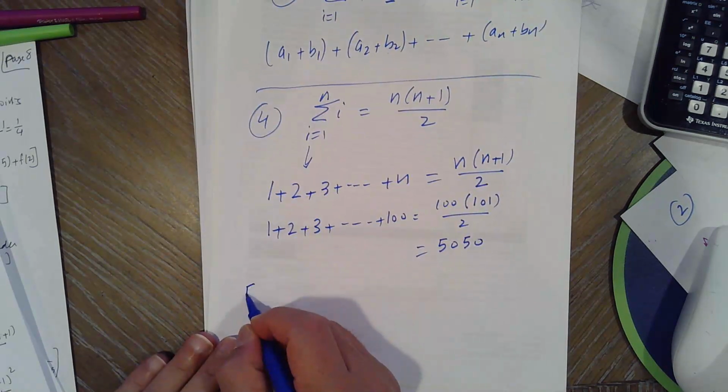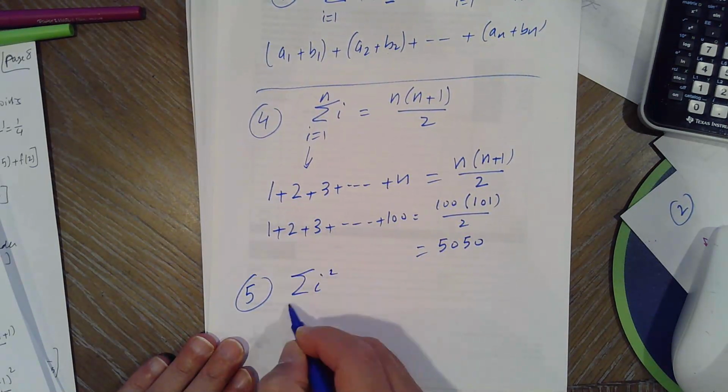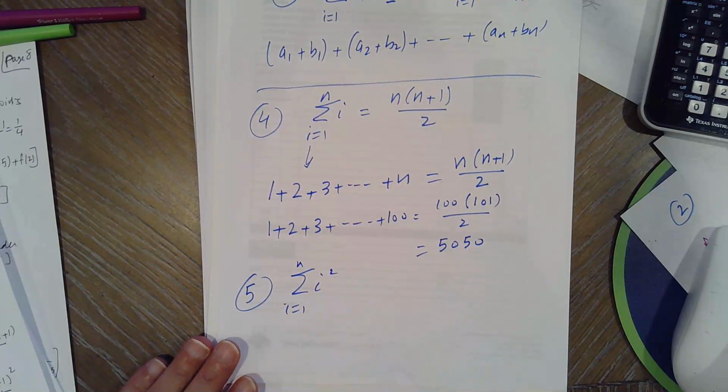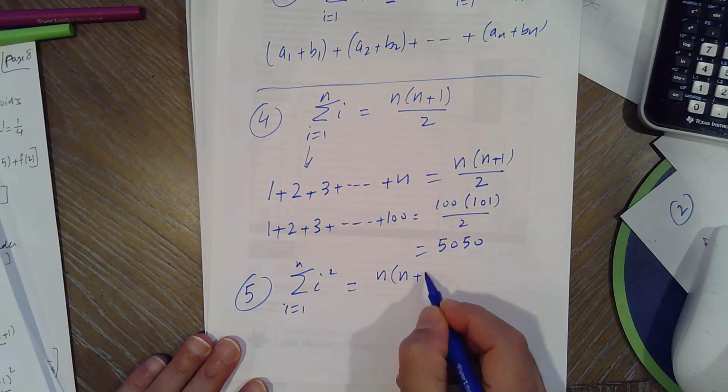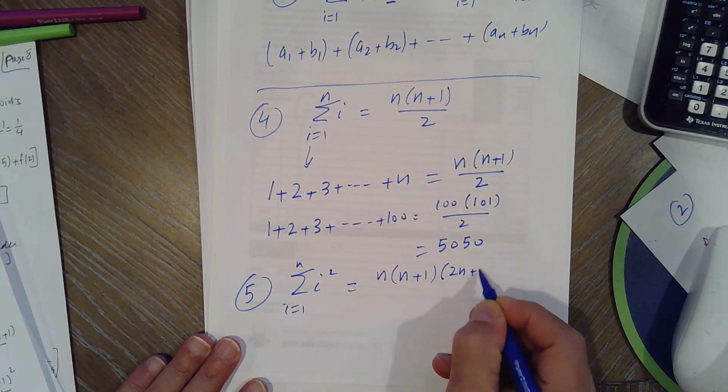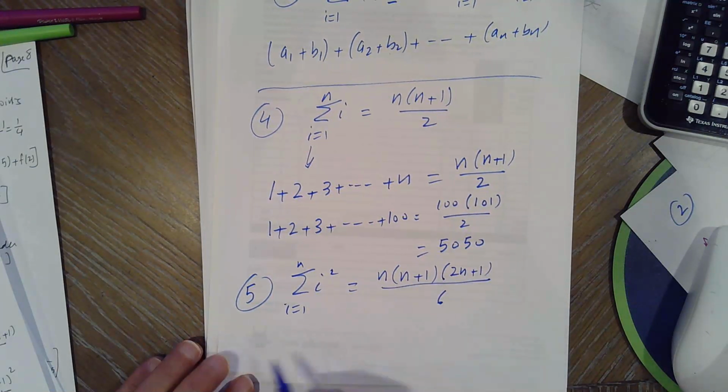Same thing with the sum of the squares, i squared from 1 to n. If you're adding 1 squared plus 2 squared plus n squared, it's their number times 1 more times 2n plus 1 all over 6.